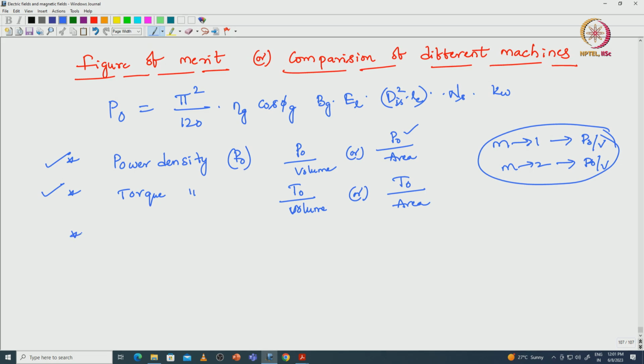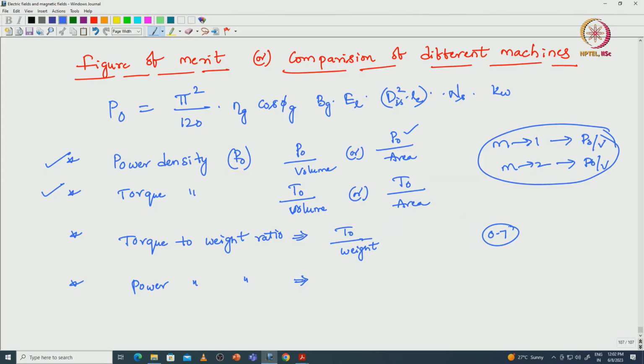Similarly, other figures of merit or performance parameters are torque to weight ratio, which is the output torque per kg, and power to weight ratio, the output power per kg. For example, this machine with respect to 1 HP is 0.7 kilowatt.